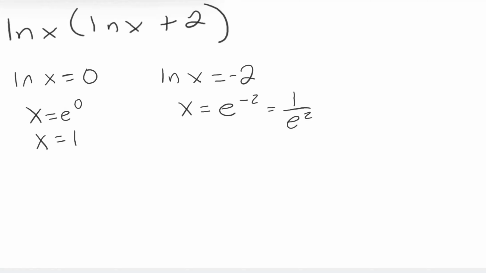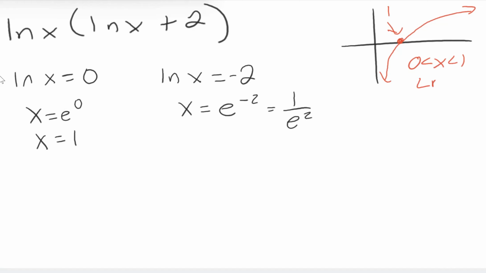All right, so again, we're just looking at whether it's positive or negative. This is where understanding what ln looks like would help. Here is 1. So between 0 and 1, ln of x is negative.